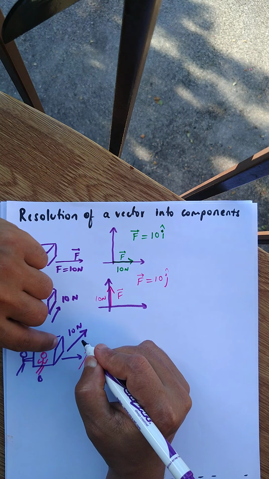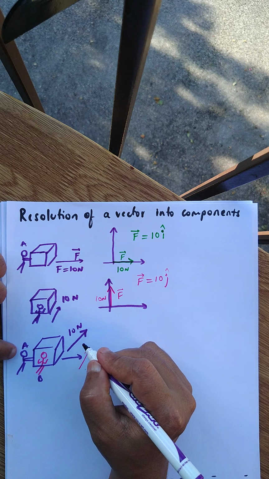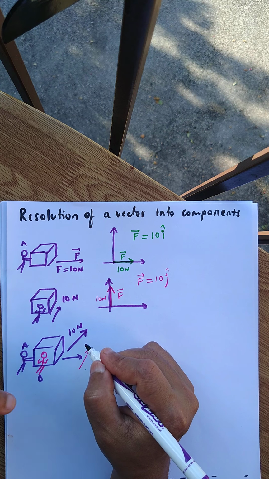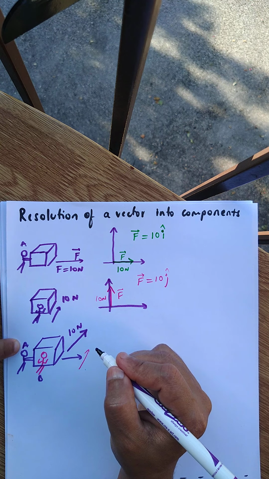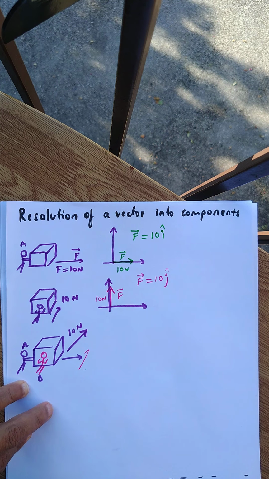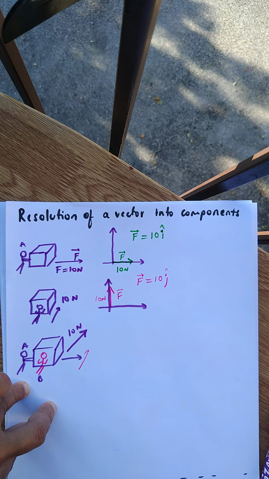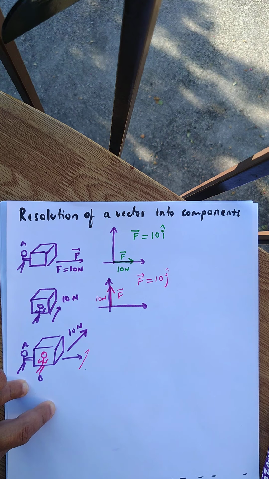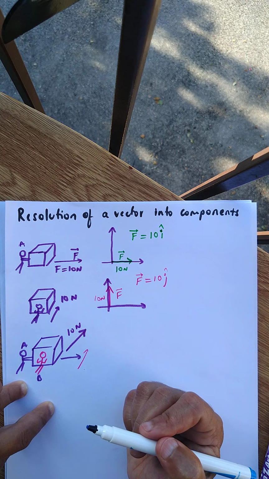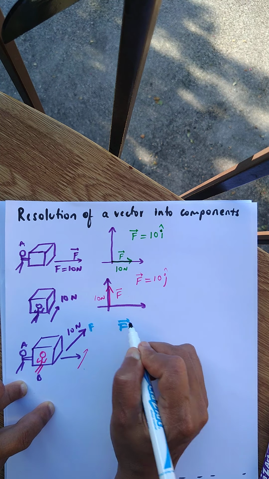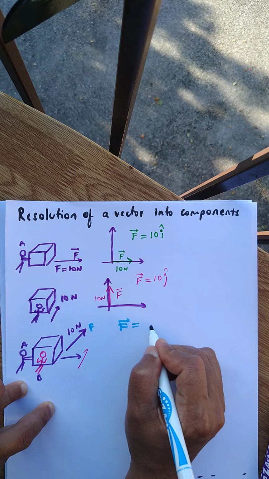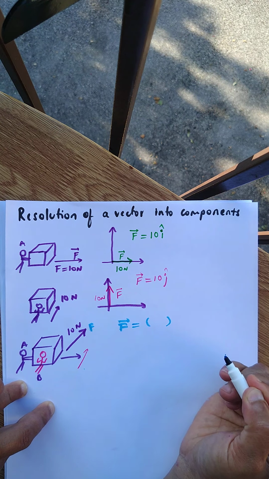Then 10 Newton of force is contributed by person A as well as person B. How to calculate precisely what is the contribution of person A and what is the contribution of person B? If we are able to calculate that, we are doing the components of the force. Got it? So now this force of 10 Newton is made up of two components.